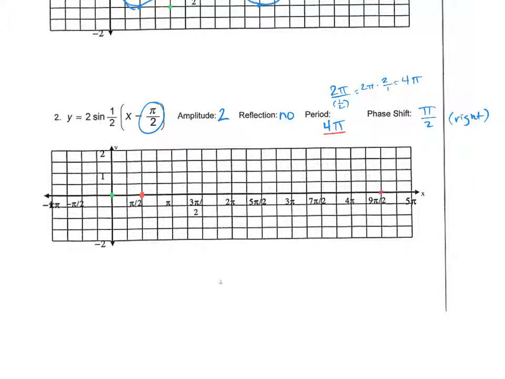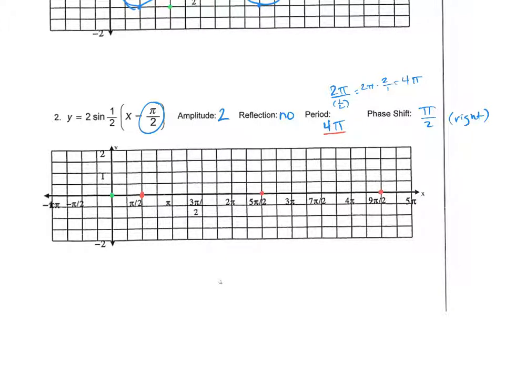I can also think about the end of the period being phase shifted to the right by pi over 2. So that's a full period. I know that halfway between those, I will have another 0. Between 1 and 9, halfway is 5, pi over 2.